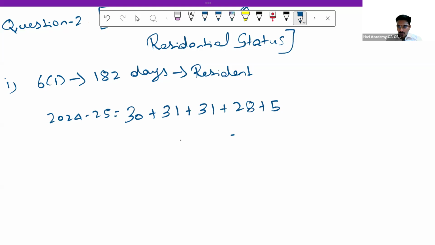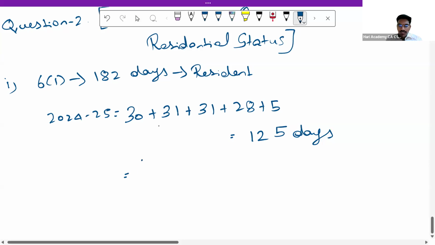If we make the total, it comes to 125 days. So in this case, he is not satisfying the condition of 6.1a. 6.1a is not satisfied. Now we have to go to 6.1b.